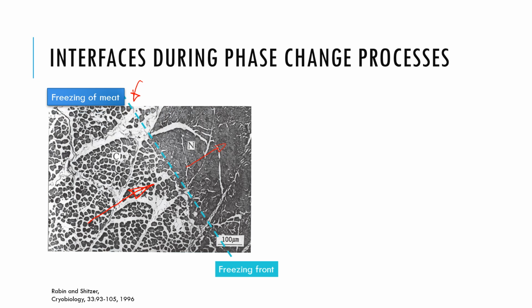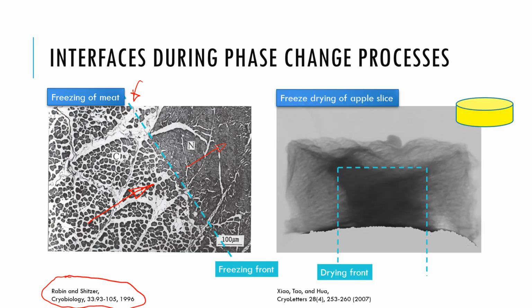Another example, and by the way, the picture is from the literature, and another one again from literature. In this case, it's not freezing, but freeze drying. Freeze drying of a disk, and freeze drying is where the material is frozen first, and then the water is allowed to sublimate at a lower pressure.